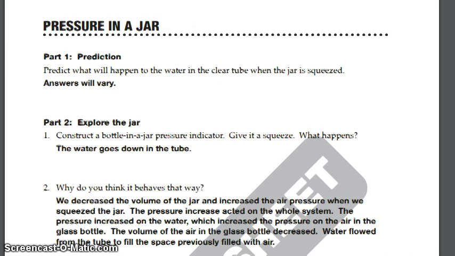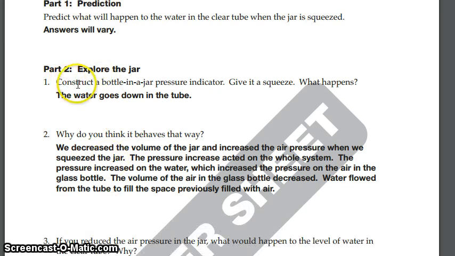Going back to our worksheet on that lab, when we squeeze the bottle, the water goes down in the tube. Why does it behave that way? We decrease the volume of the jar, and that increases the air pressure. So we were looking at a little bit of Boyle's law as the pressure changes.